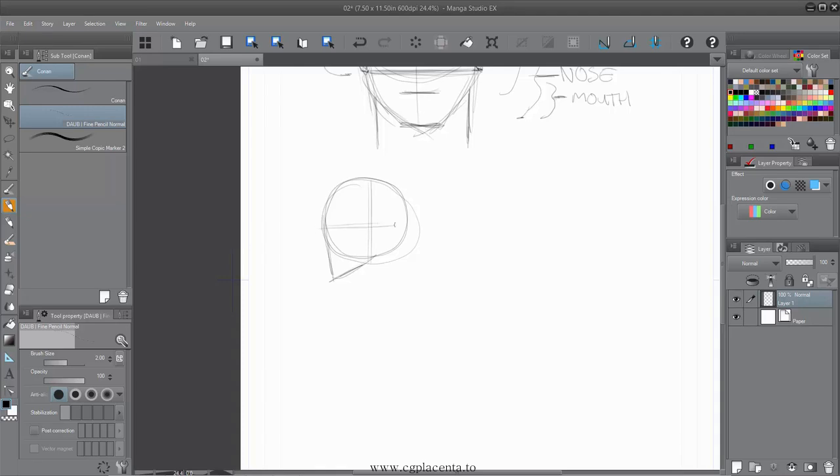So halfway would be my eyes, halfway be my nose, halfway would be my mouth. The ear would be the brow, which is just above the eye level, to the bottom of the nose there for the ear. Okay? Pretty easy.